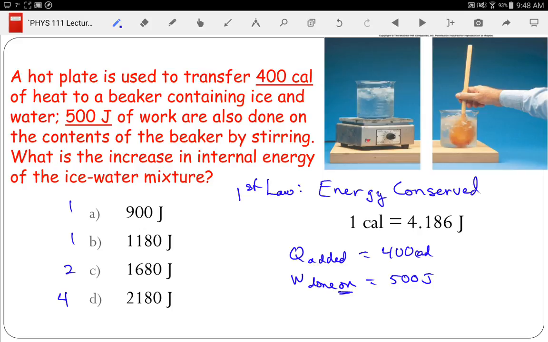So I take this 400 calories and multiply it by 4.186 joules per calorie, and that's going to be 1680 joules, I believe. Now, notice I had heat added and work done on the system. If the work is done on the system, is that energy going in or going out?